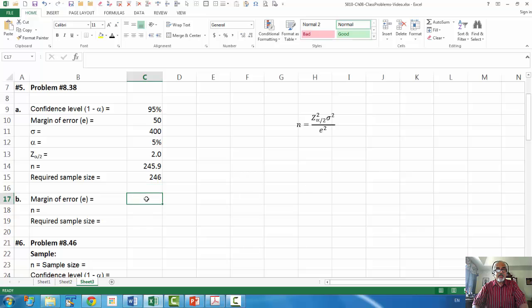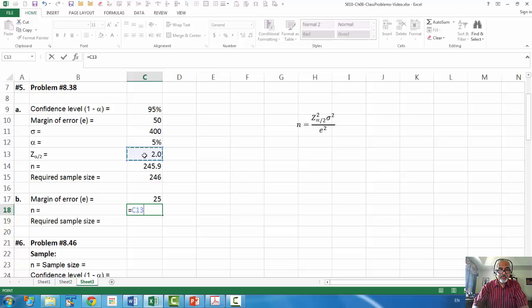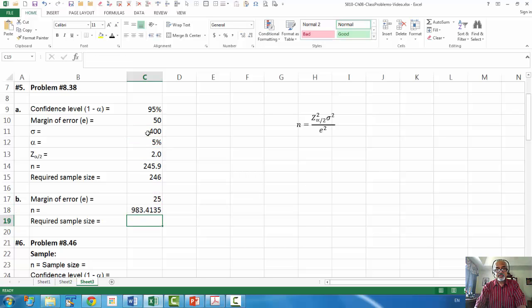So with margin of error 25, we compute z squared times sigma squared divided by e squared. We copy the rounding formula here and you get 984. So you need to take 984 observations in the sample, then you will achieve the margin of error that you desired at the confidence level you desire.